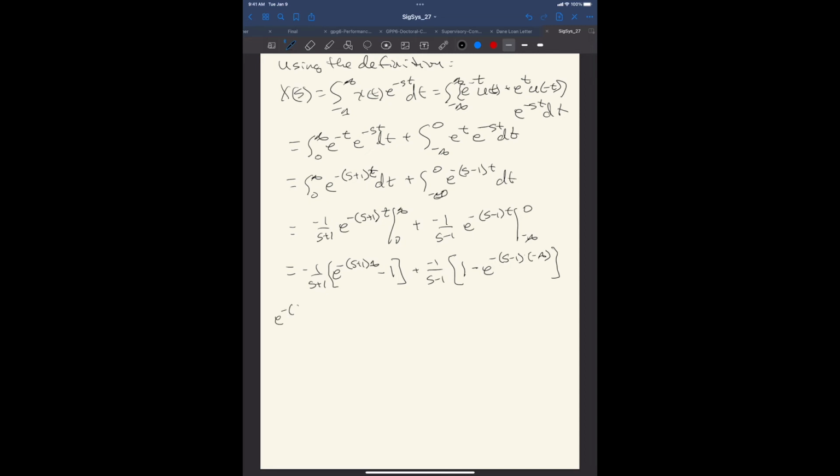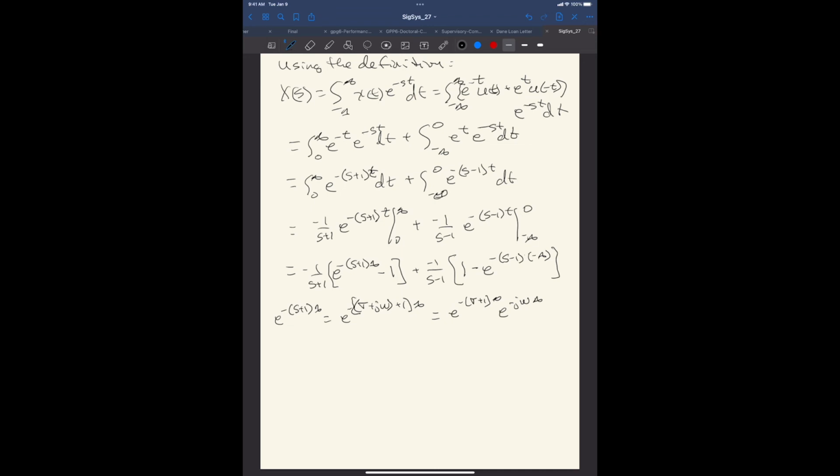I have e to the minus s plus 1 infinity, and I'm going to put in e to the minus sigma plus j omega plus 1, evaluated at infinity. And you should realize that I have an e to the minus sigma plus 1 infinity and an e to the minus j omega infinity by rules of exponents.